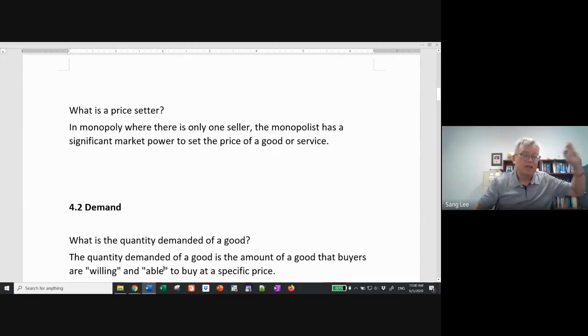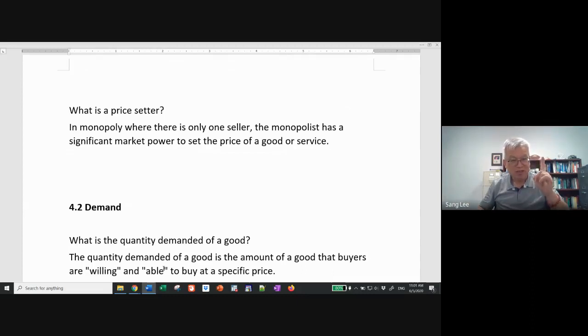Now, on the other hand, in monopoly, where there is one and only one seller, the monopolist has a significant market power. So the monopolist can offer a take it or leave it kind of offer, because there are no other competing sellers.